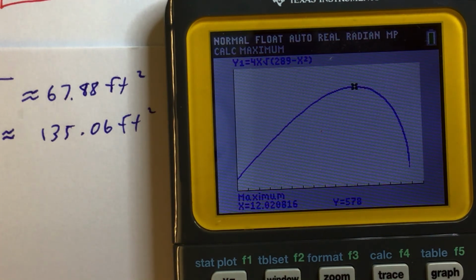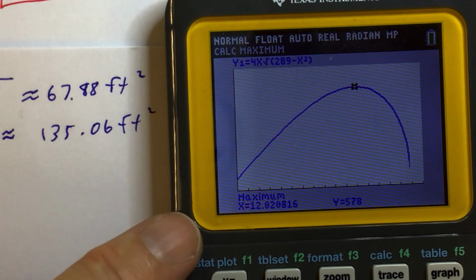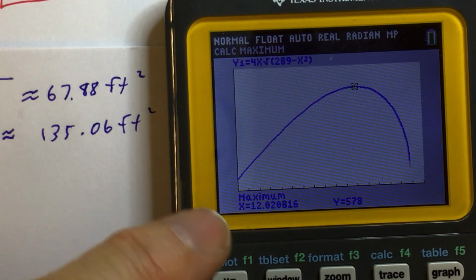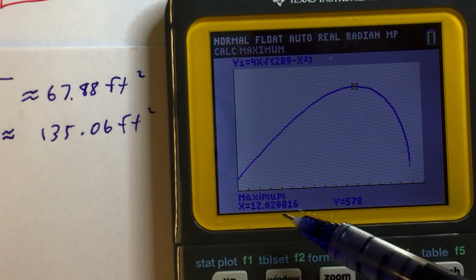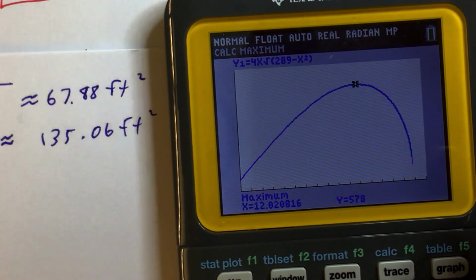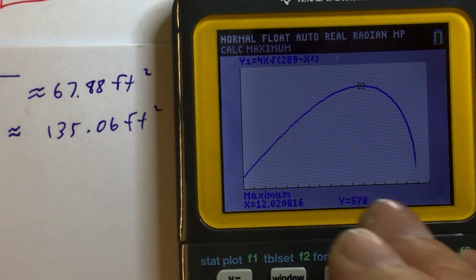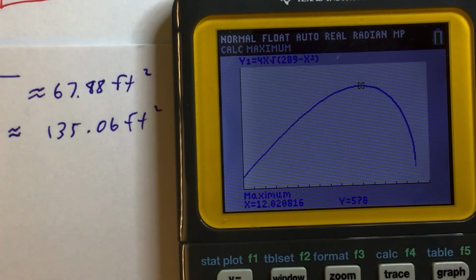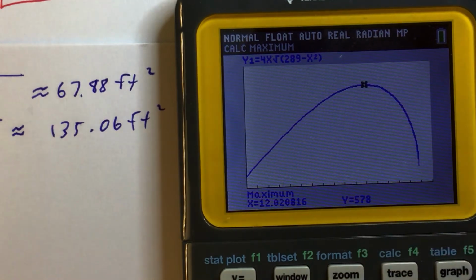We can see our x that would yield the maximum area is 12.02, and the maximum area would be 578.